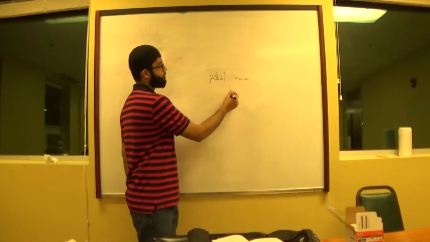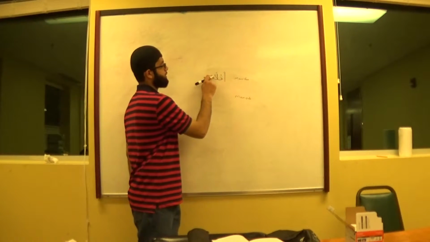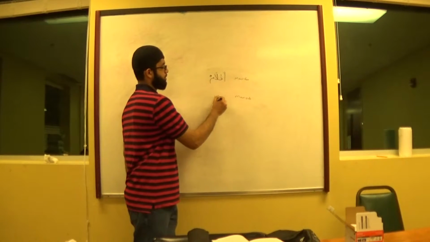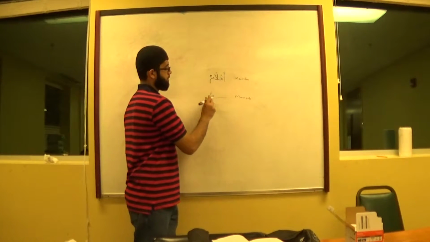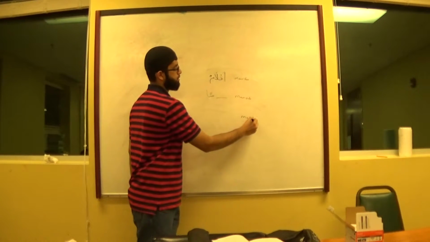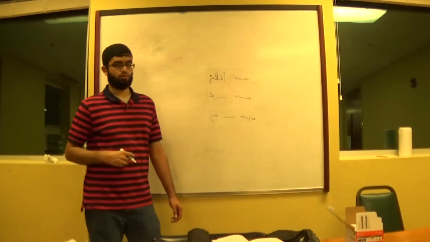When I want to make it mansub, then I just put a fatha. So aqlaman. And then when I want to make it majroor, I'm going to say aqlamin. Okay?